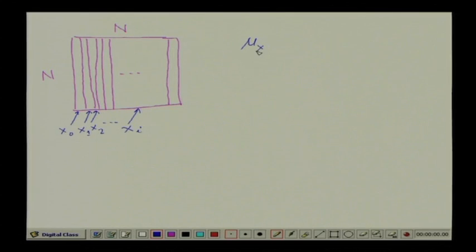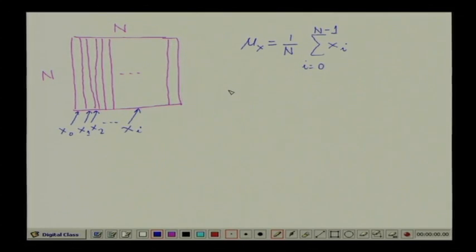Once we have these n number of vectors, we can find out the mean vector which is mu x, and this is given by 1 upon capital N, summation x I, where I varies from 0 to capital N minus 1.